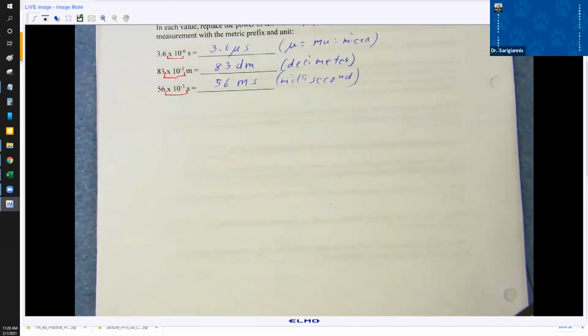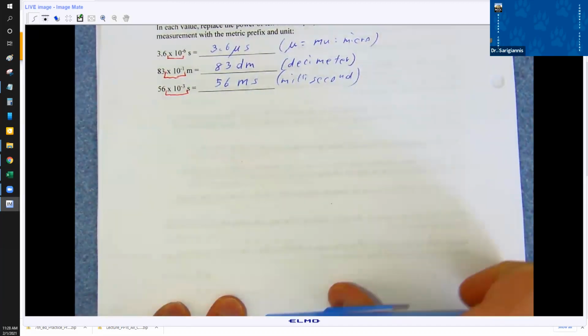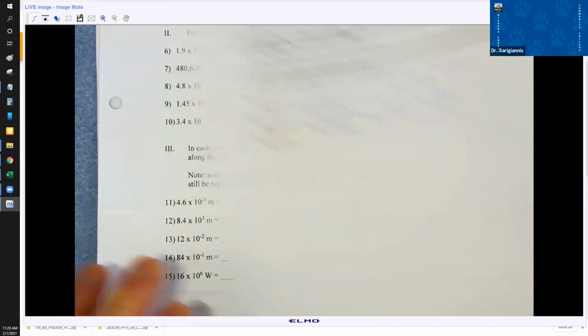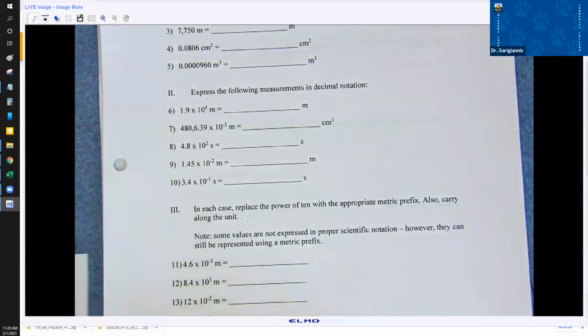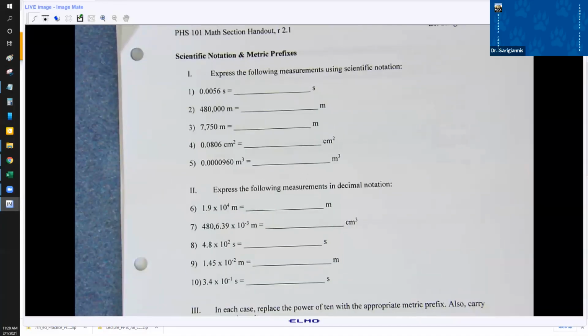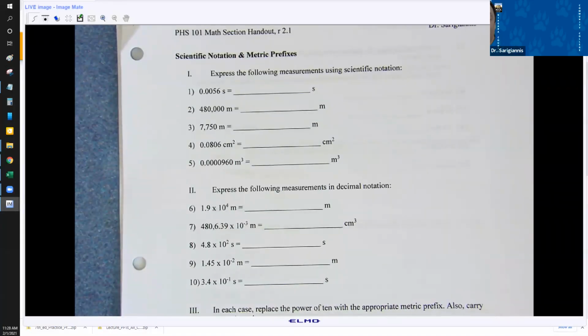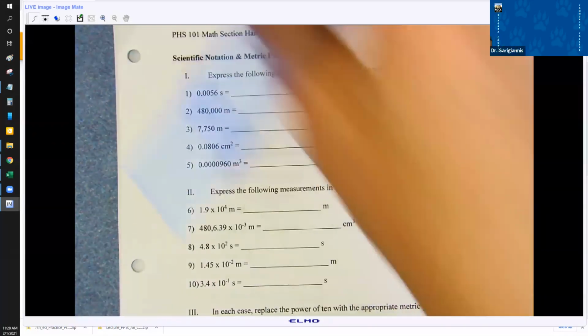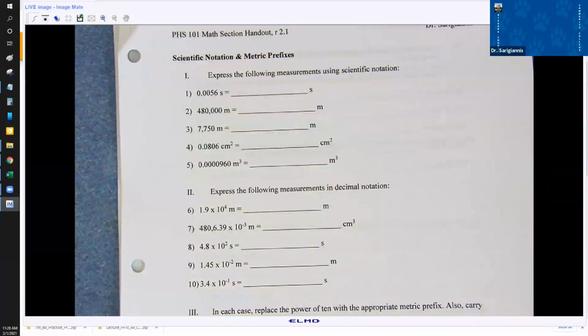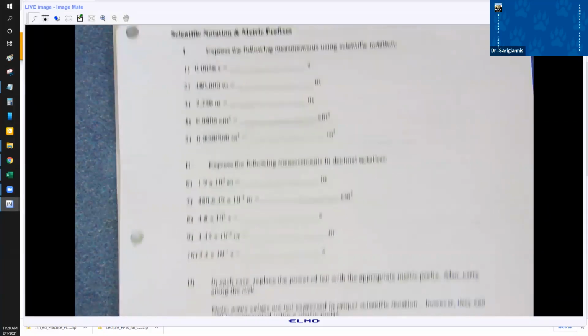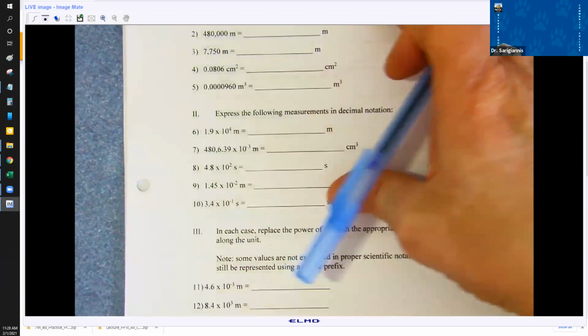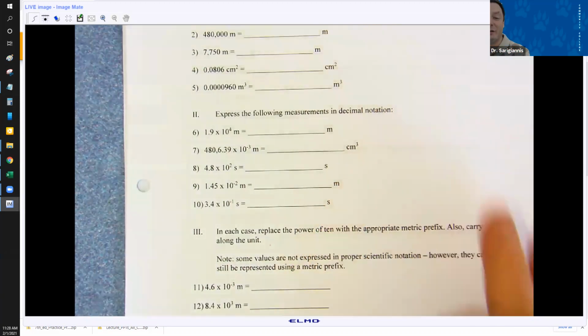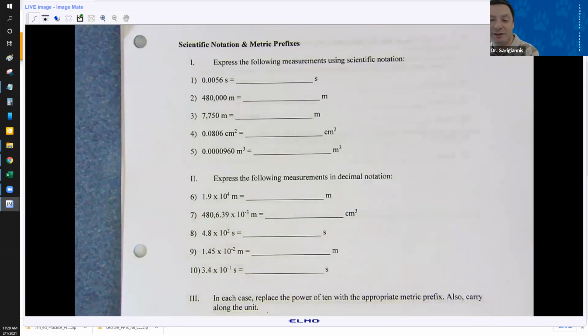Is this next page practice? Oh no, we've got to do this in class. All right. So why don't you guys take a minute to do the first one, expressing the following measurements in scientific notation. You all should be experts at that. And then, why don't you just do the first 2 sections right now, and I'll go through them. I'll put the answers in and see if there are any questions.